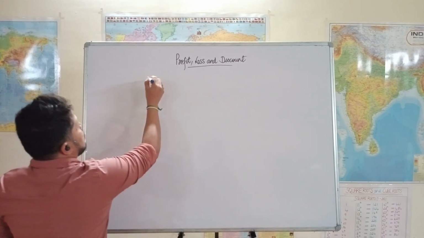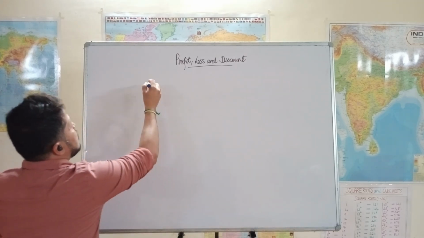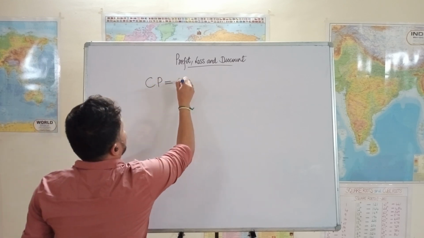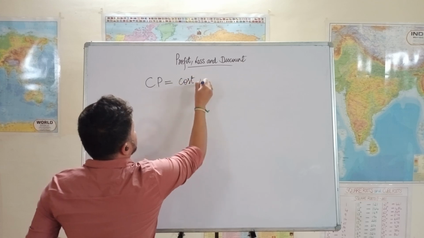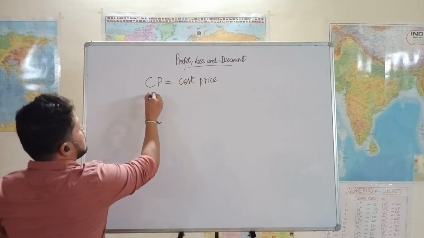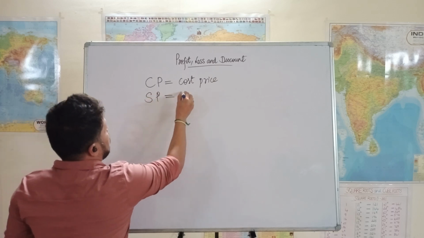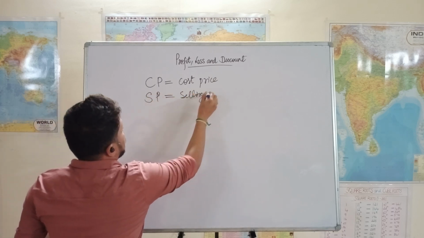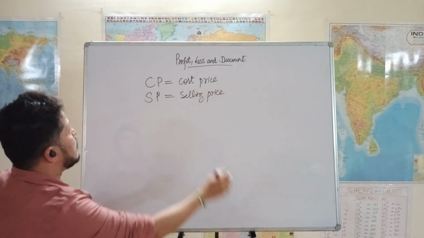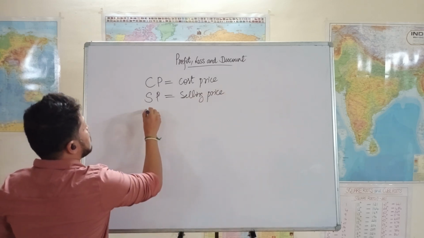So here there are some terms like cost price, which means the purchasing price, the price at which you buy something. Selling price is the price at which you sell that article. And there is something called mark price.